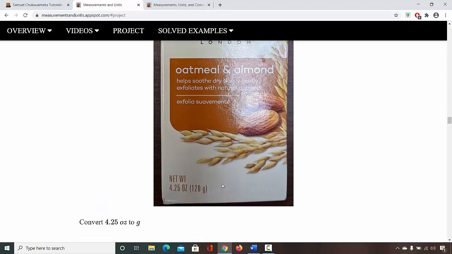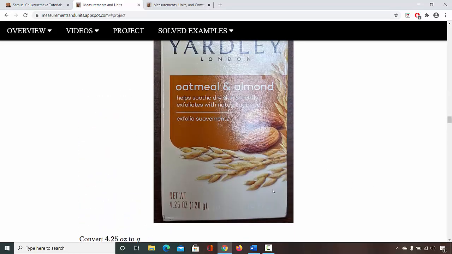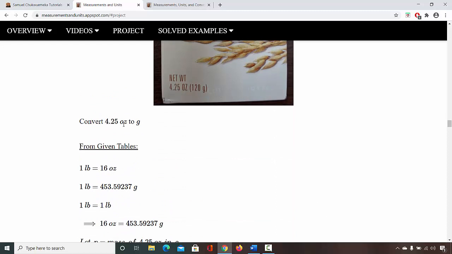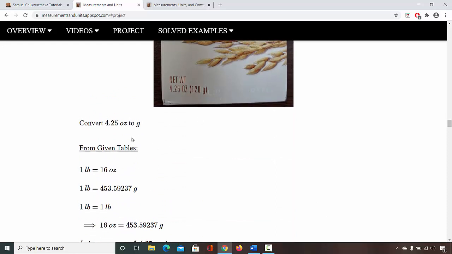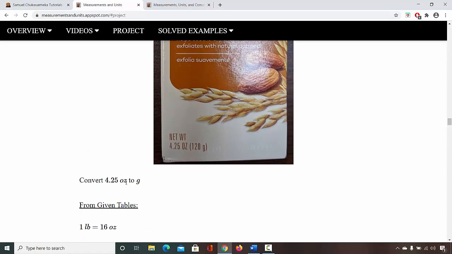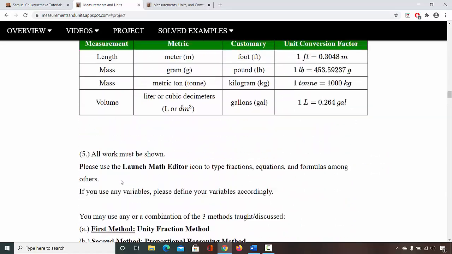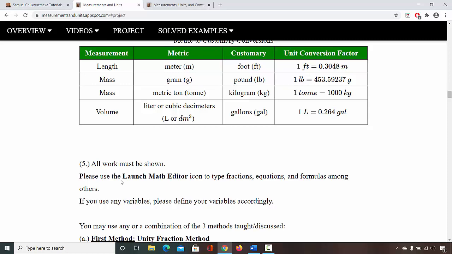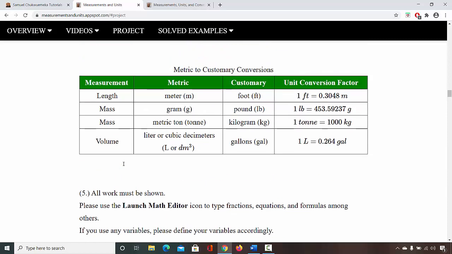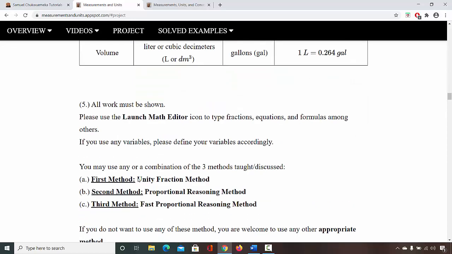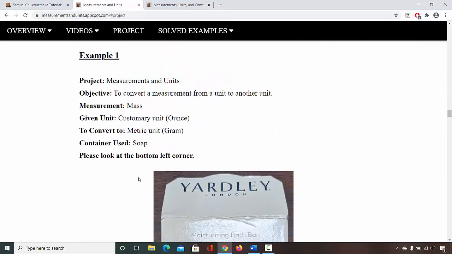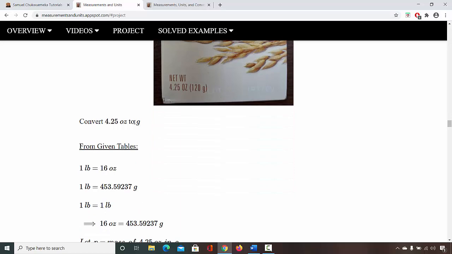All right, so this first example, 4.25 ounce to gram. The first thing we ask ourselves is, you look at the table, which also enables them to review tables. So you ask the question, do you find any direct conversion from ounce to gram?